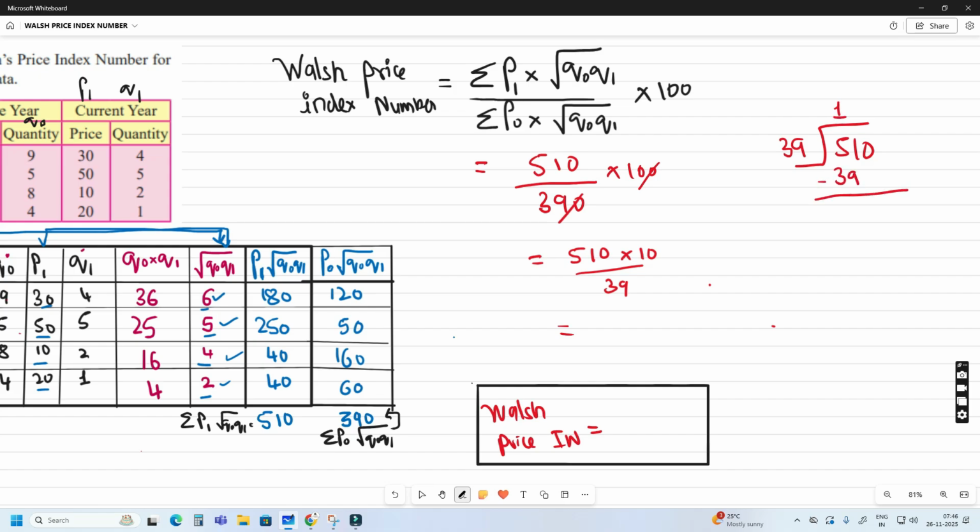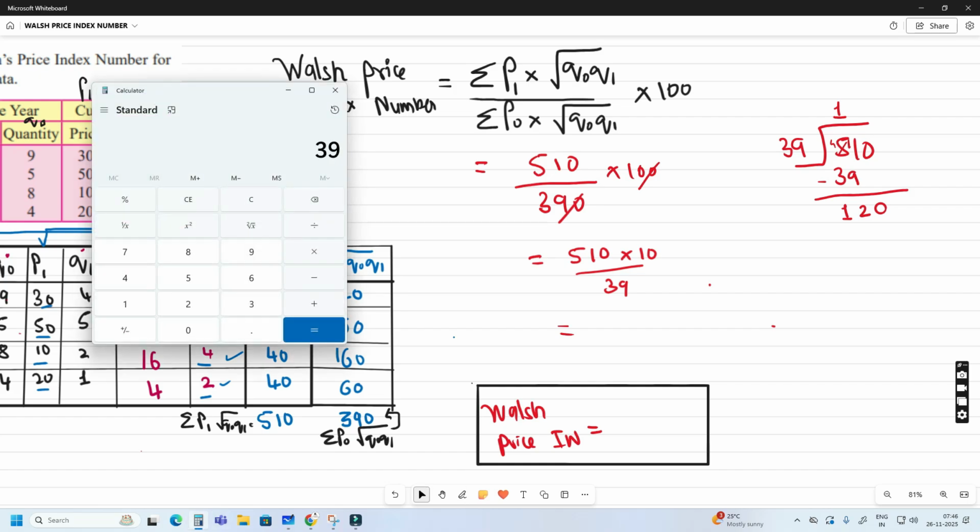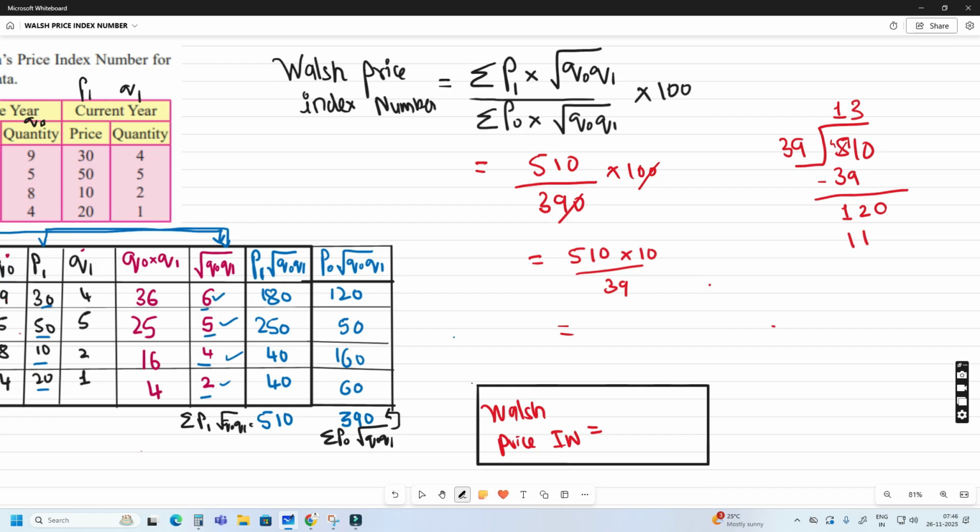So just subtract this. So 11 minus 9 will be 2, 4 minus 3 will be 1. Now we'll check with 39 times 3. 39 times 3 will give you 117. 120 में से 117 जाएगा तो 3 बचेगा, right?